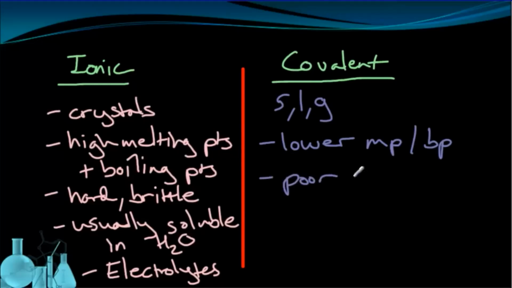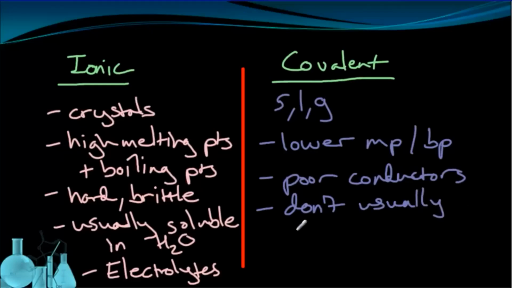They either don't conduct electricity or heat at all, or they don't do a very good job of it. They typically don't dissolve in water, which also means that they're not electrolytes.